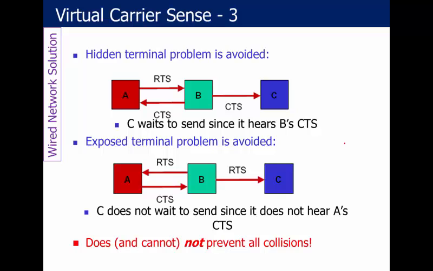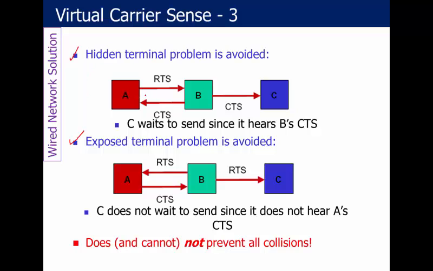By having that, we can deal with a little bit of the hidden terminal problem and exposed terminal problems that we looked at, right? What was the hidden terminal problem?